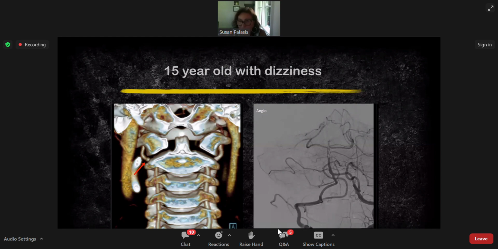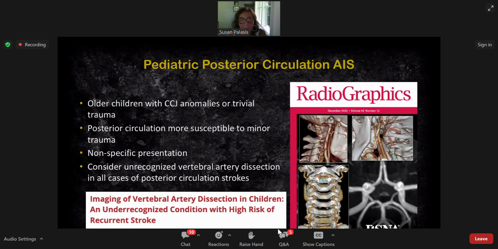So we need to be really, really deliberate and thorough in these investigations, because vertebral artery dissection and thrombosis is a real thing in children. Older children with CCJ anomalies or trivial trauma can have these types of injuries because the vertebral artery is exposed in that V3 segment.